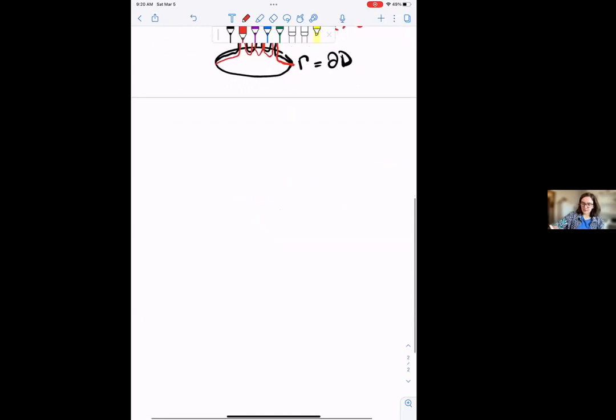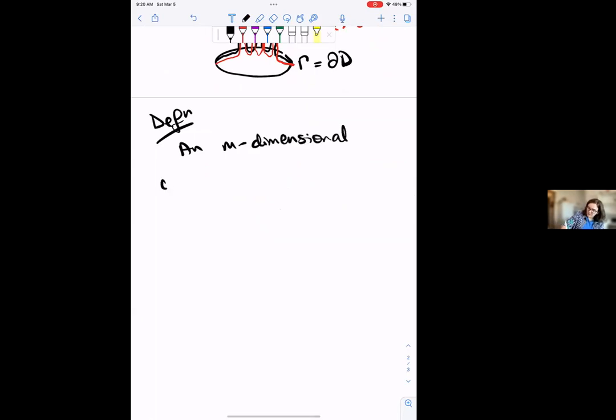So to make this problem well posed, we need to ask this question in a weaker setting, and that's exactly why we need currents. So what is an m-dimensional current? An m-dimensional current, which we call T, is a bounded linear functional on the space of m-forms.